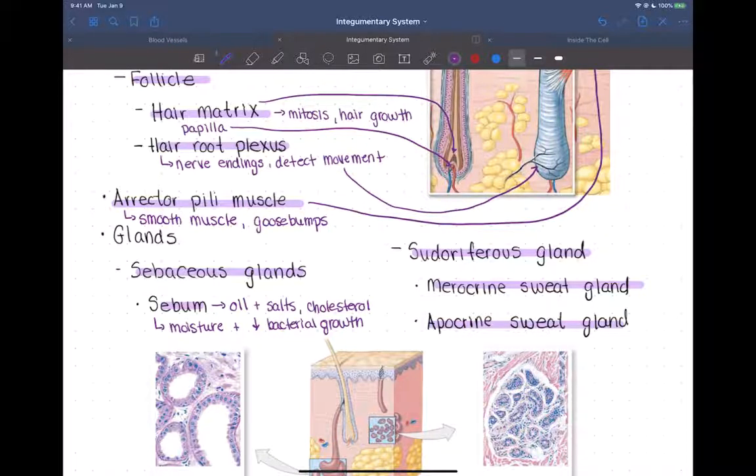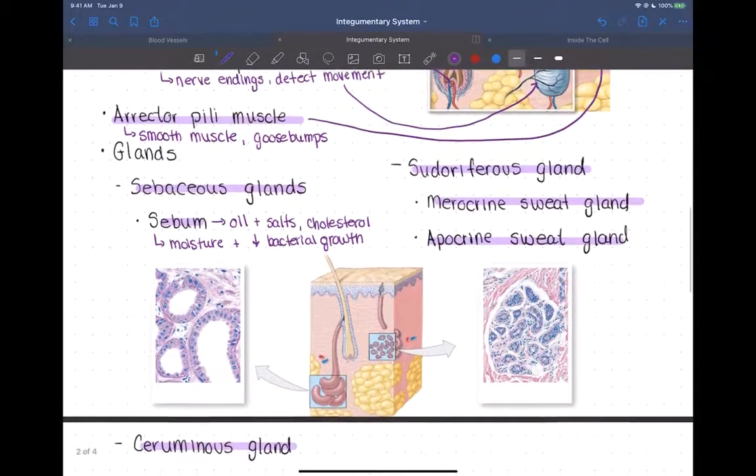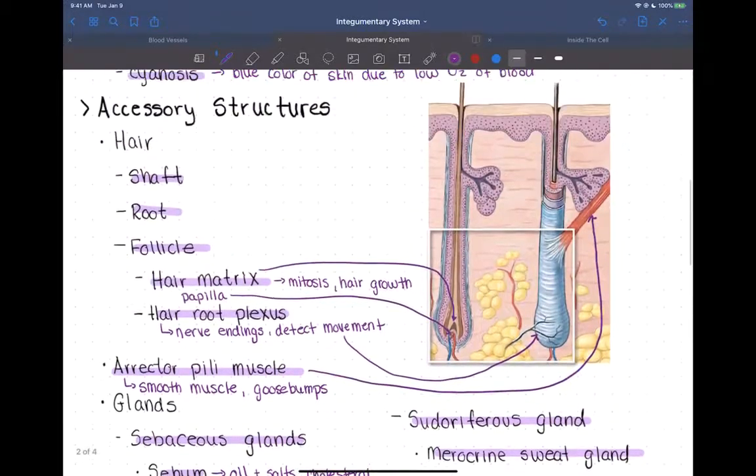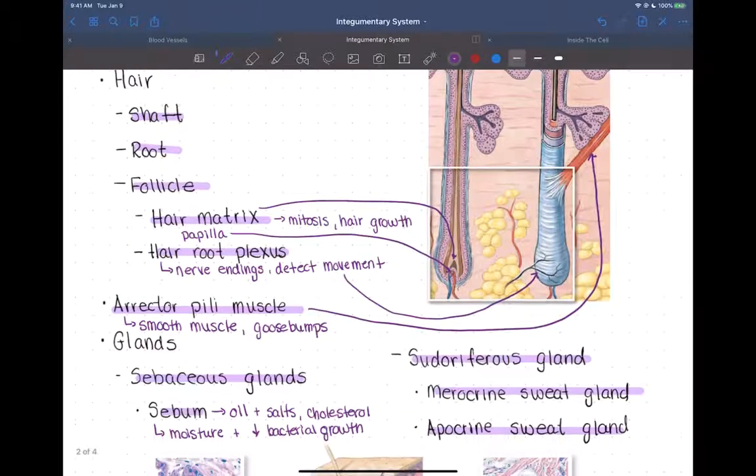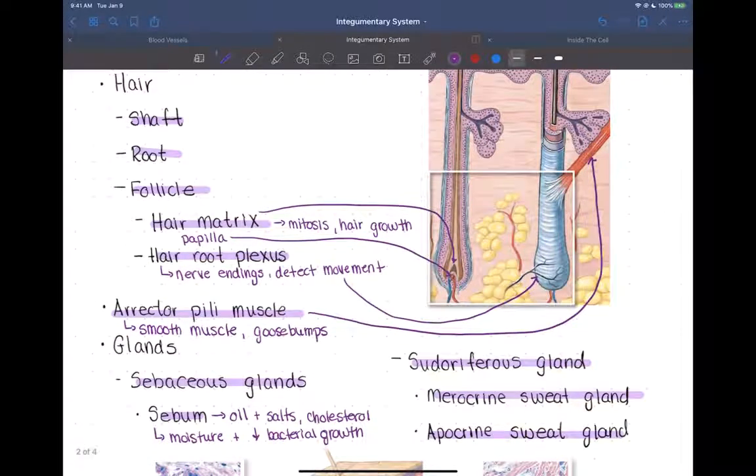And so when you are looking on a microscope slide, right, if you're in lab and you're trying to identify a sebaceous gland on a microscope slide of the skin, which you should have to do in lab, if you see a gland like this that is right next to a hair follicle, and so usually on microscope slides, hair follicles, you're not going to see the hair go all the way up to the surface of the skin like this.